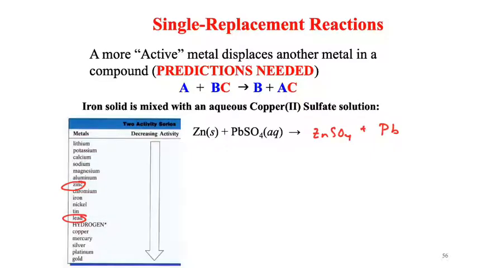Aggressive? That's okay. Would you be around more or less people? If you were more active, you would be around more people, right? So the higher up on this list, the more active they are, the more likely we will find them with other things.